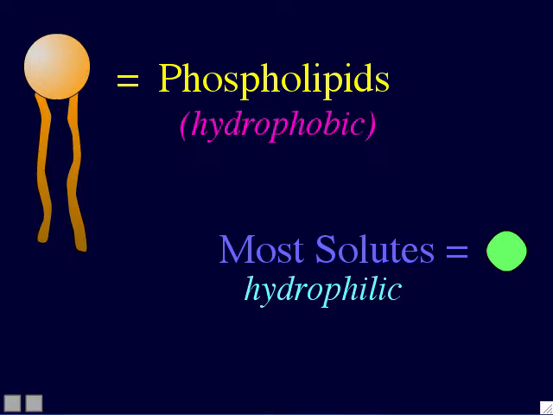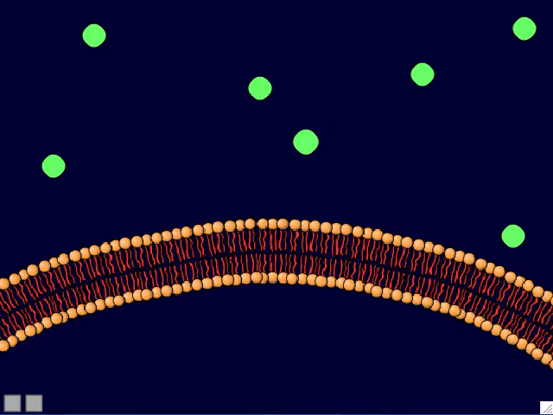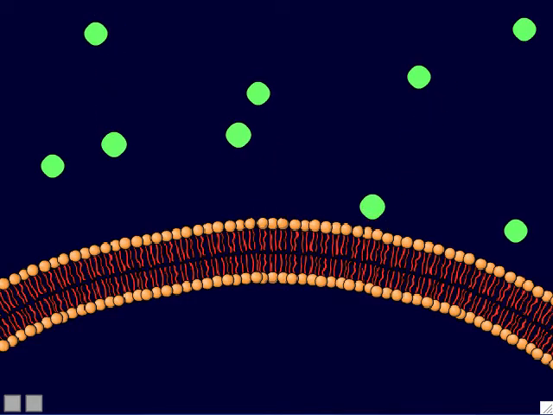The membrane is hydrophobic. And so for those solute molecules to diffuse into the cell, they would have to pass through the membrane, and those hydrophilic molecules would have to mix with the hydrophobic membrane. Remember, the like mixes with like principle tells us that hydrophilic molecules don't want to mix with hydrophobic molecules.